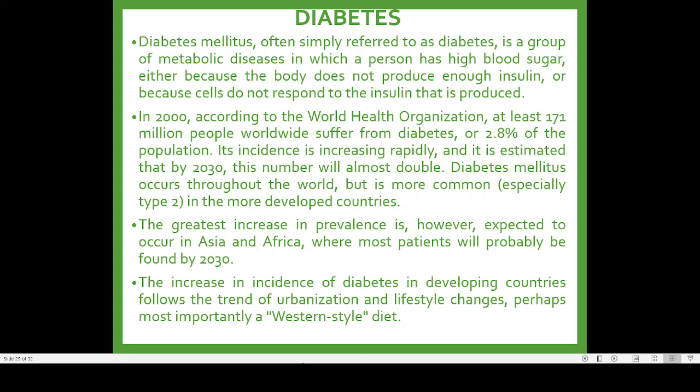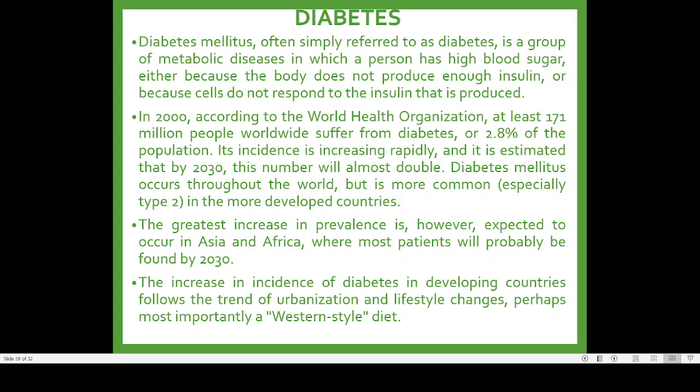So you can see that in the case of diabetes, the person will have high blood sugar, and there is a reason for the presence of high blood sugar. In our body, there is a hormone known as insulin. Insulin is a hormone produced by the pancreas. The pancreas is a small gland present in our abdominal cavity.